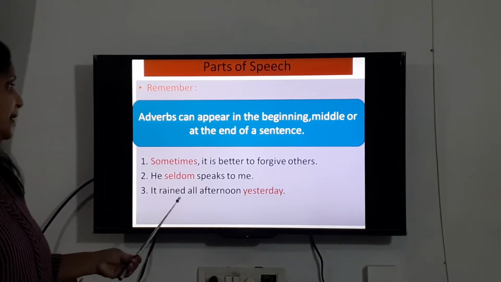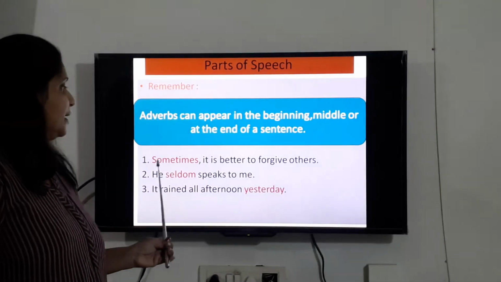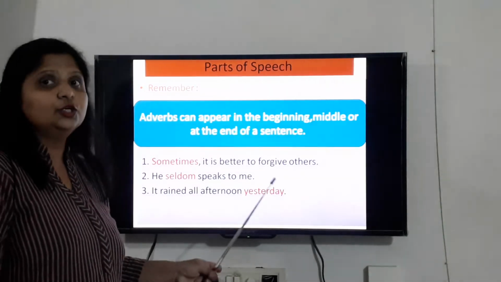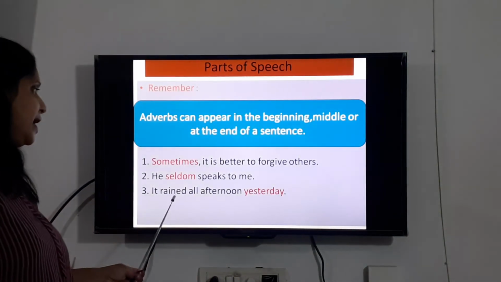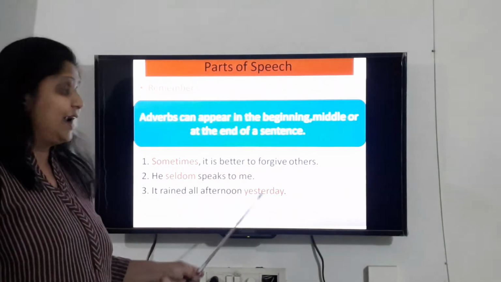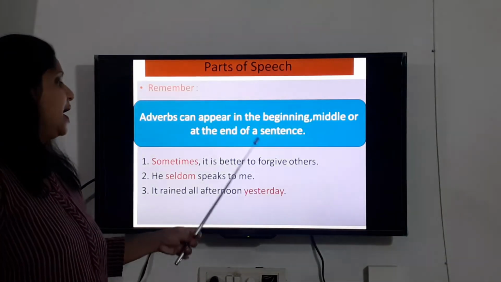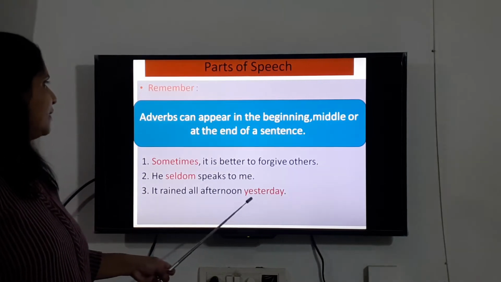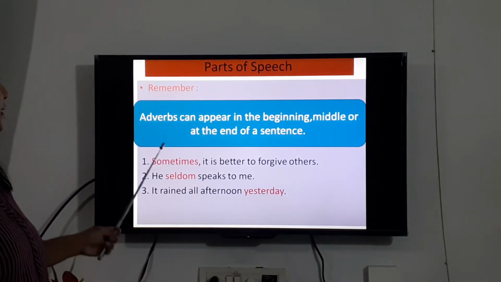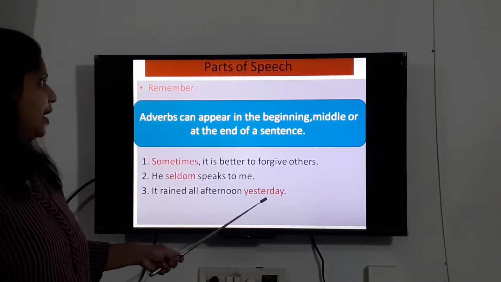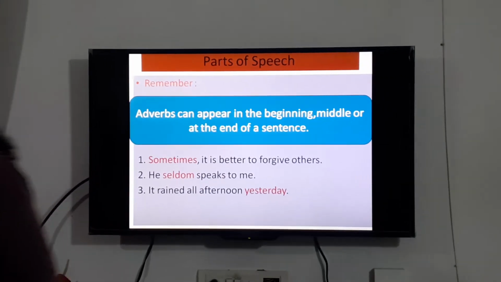And here yesterday, this word adds something to the meaning of rained. That's why yesterday is an adverb. Here this yesterday appears at the end of the sentence. So this way adverbs can appear in the beginning, middle and at the end of the sentence.